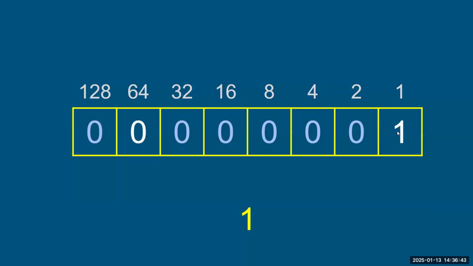Here's 1, here's 2, and here's 3. So we're taking this 1 plus this 2, and that's 3, a total of 3. That's how 3 is stored in memory. 3 is the value, like the number 3.